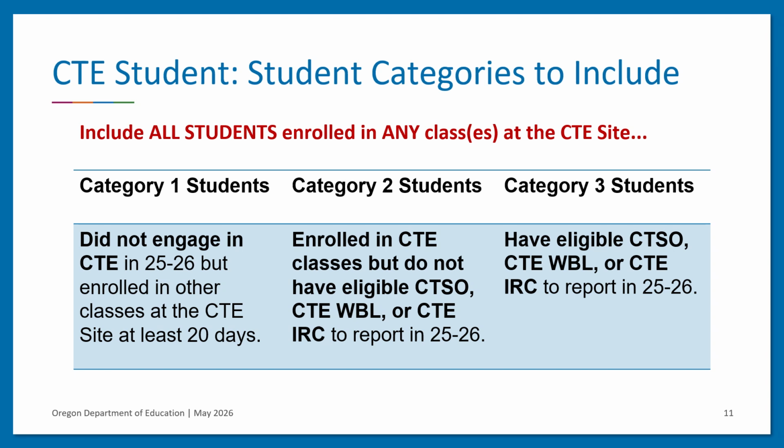We'll talk about those data elements shortly. Category 3 students were enrolled in any class at the CTE site for at least 20 days and do have eligible CTSO, CTE work-based learning, or CTE IRC outcomes to report in the collection year.